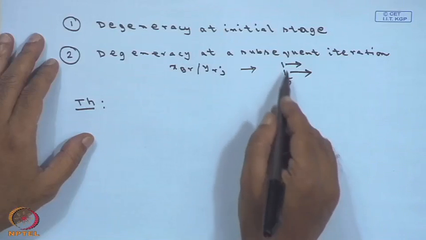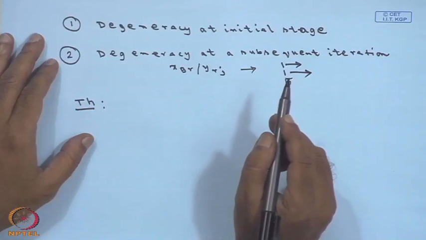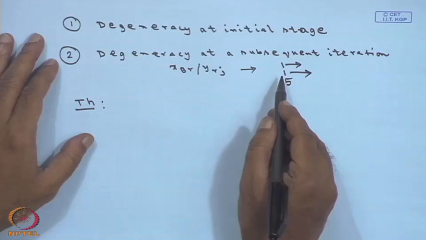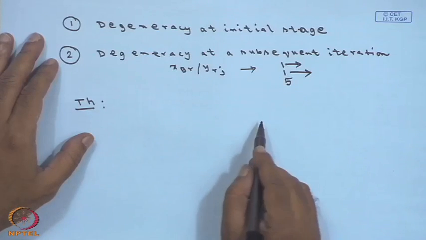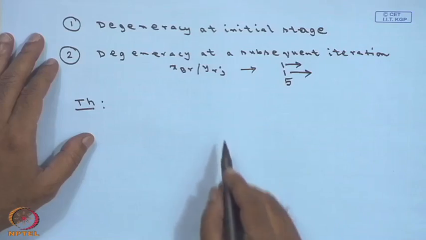So, please note the theorem. Therefore, I have to find out some mechanism by which I can avoid the degeneracy case in the next iteration. Again, when there is a tie in selecting the departing vector, always the next solution is bound to be degenerate.